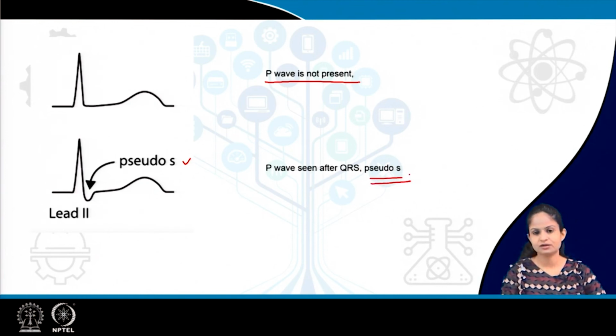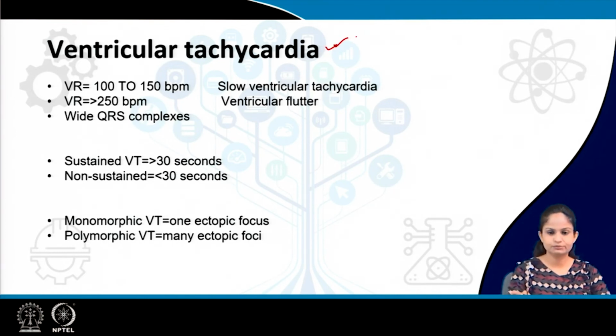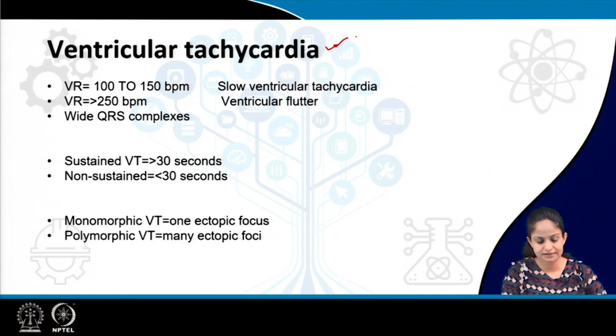This usually occurs because of the retrograde travel of the impulse from the ventricles to the bundle of His to the AV node and then to the atria. Otherwise, generally we do not get the P wave in this supraventricular tachycardia.